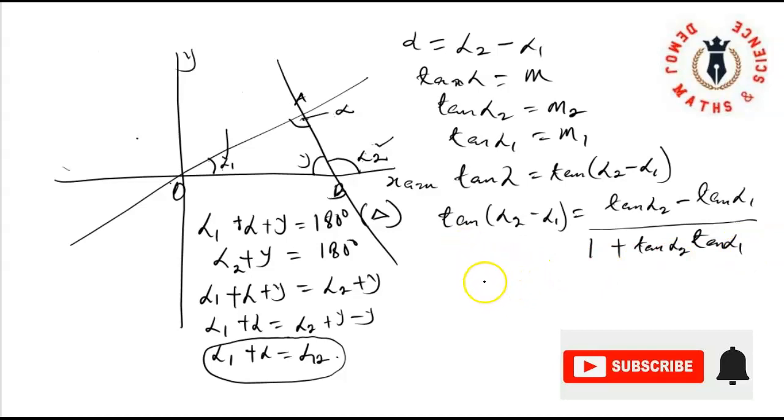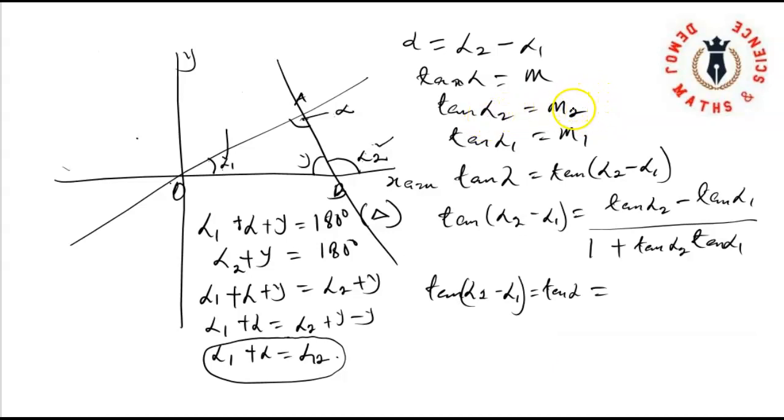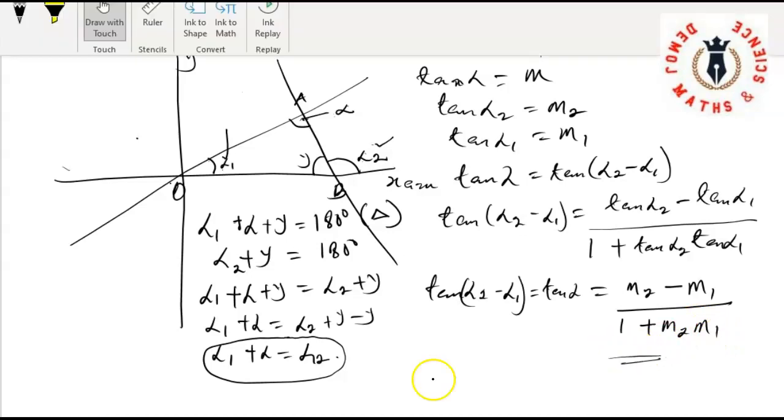At the same time, I can now conclude that the tan of alpha 2 minus alpha 1, which is the same thing as the tan of alpha, is, as we've agreed that tan alpha 2 is equal to m2 and tan alpha 1 is m1, m2 minus m1 all over 1 plus m2 m1.